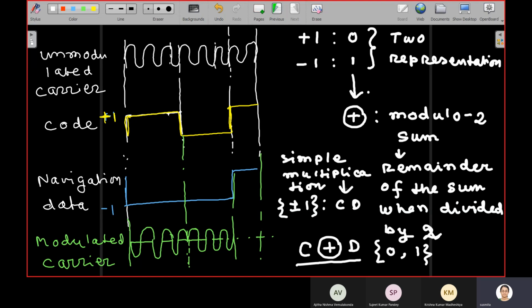Now both the representations are possible, so it's important to understand both. For example, if you look at the ICD, interface control document, where the detailed civil signal structure is given, they follow this modulo 2 sum notation. So it's important to understand the equivalence between the two. Whether it is plus minus 1 or modulo 2 sum, you basically get the same end result.